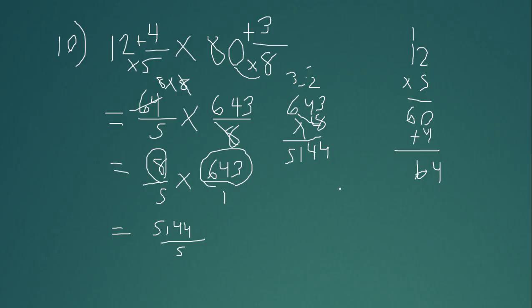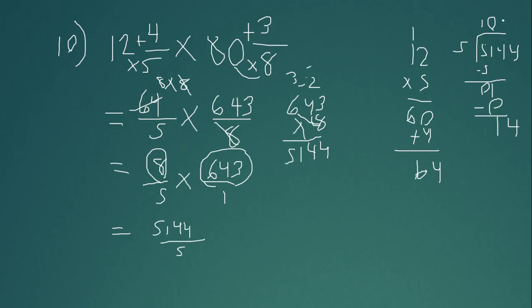So, divide 5144 divided by 5. 1, 5, 1. So, become 0. Here should become 0. Become 14. How many parts of 14?